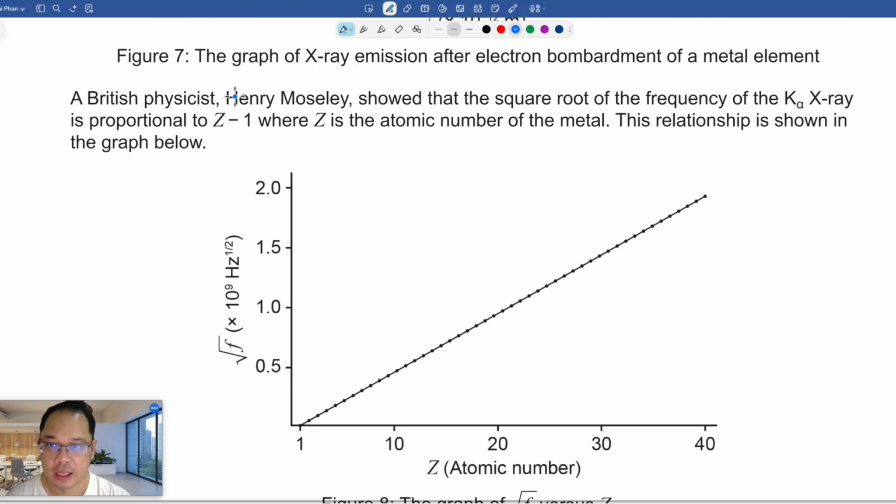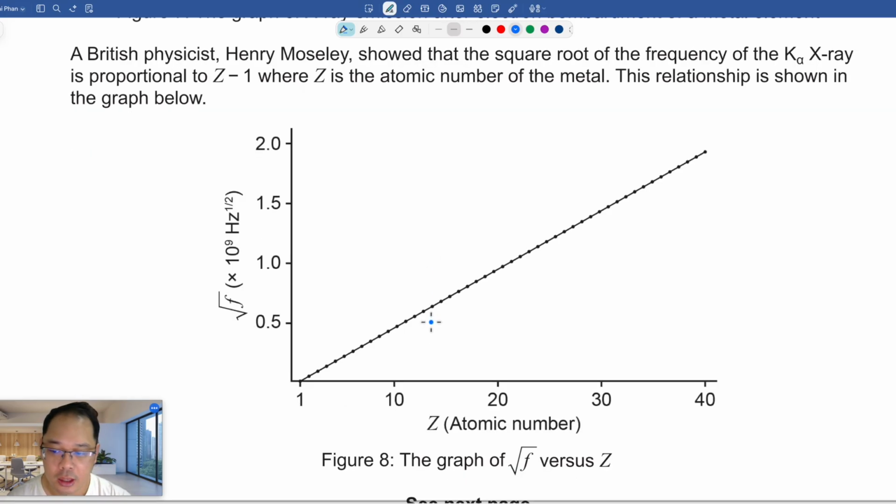Before his time, Henry Moseley, scientists didn't know about the structure, the specific constituents of a nucleus, which are protons and neutrons, and they didn't have an experimental method to measure the number of protons in a nucleus.